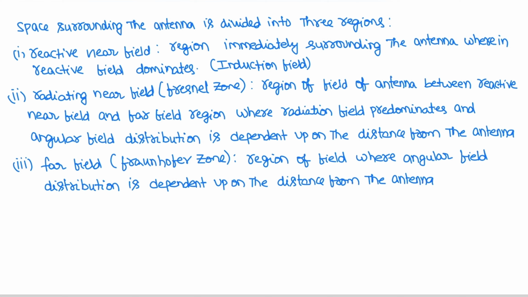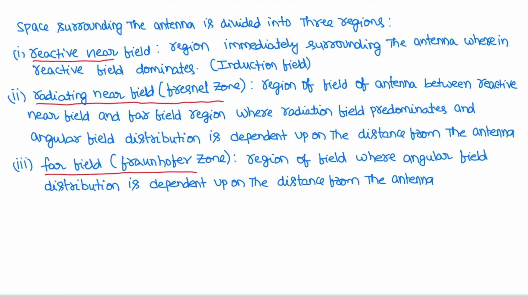One is the reactive near field, then the radiating near field, and then the far field. In the reactive near field, the field is reactive, that is the induction field dominates. The radiating near field is the Fresnel zone, and the far field is the Fraunhofer zone.